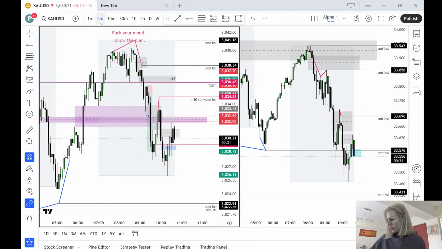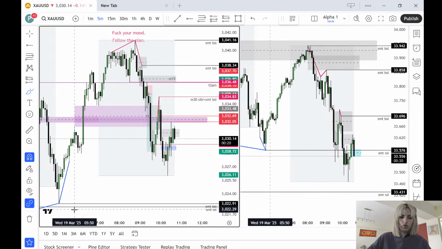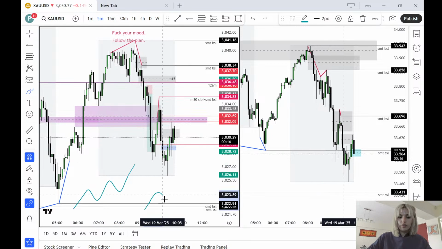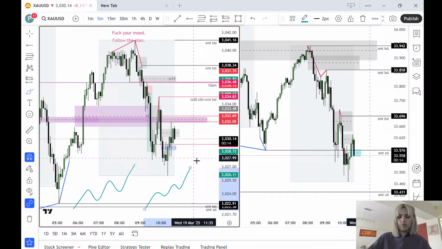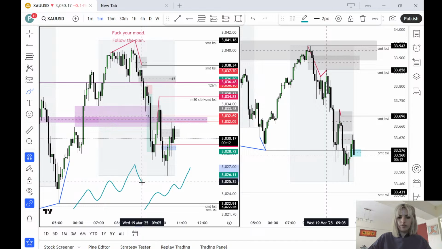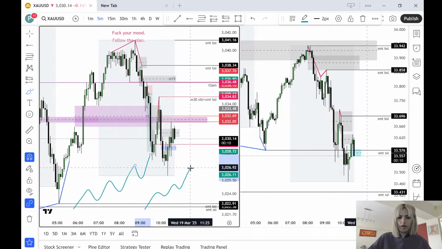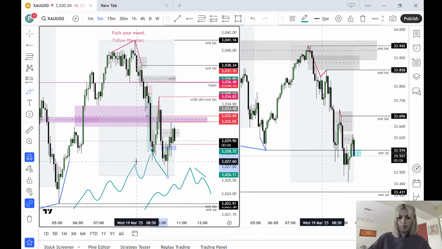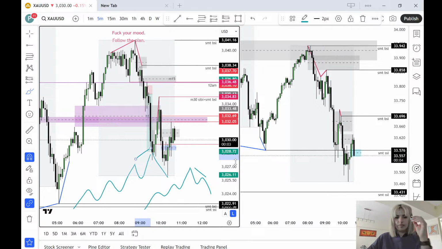So what SMT liquidity is basically, when you see an SMT divergence, in other words, two pairs that should normally be correlated just start to decorrelate. For example, with gold, when gold creates higher highs and higher lows, usually silver does the same thing. But when one fails to follow the other, say gold continues to create a higher high but silver creates a lower high, that's an SMT divergence.